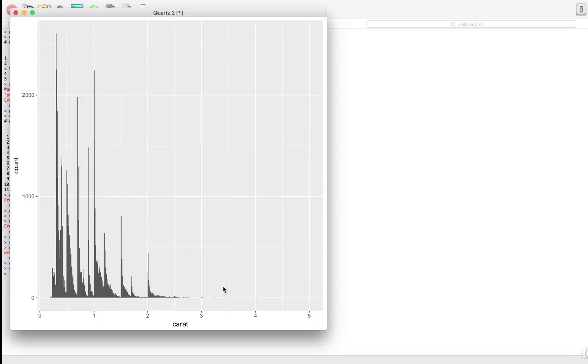Let's take another look at a histogram of data from Old Faithful.